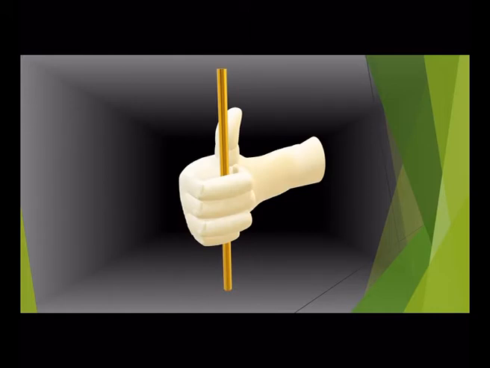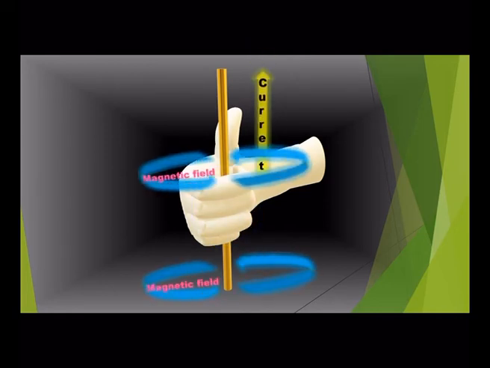You can find the direction of this magnetic field using the right hand grip rule, which suggests that if you were holding the current carrying wire in your right hand and the thumb was pointing to the direction of current, your fingers will show you the direction of magnetic field around the wire.